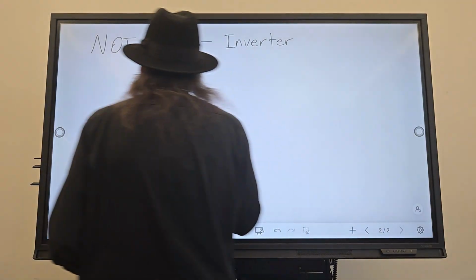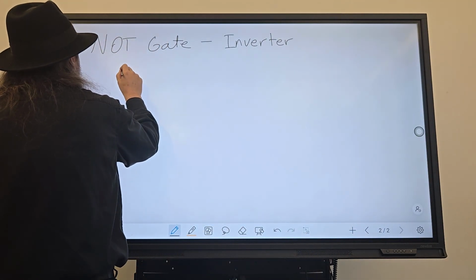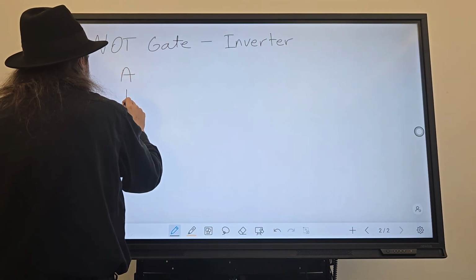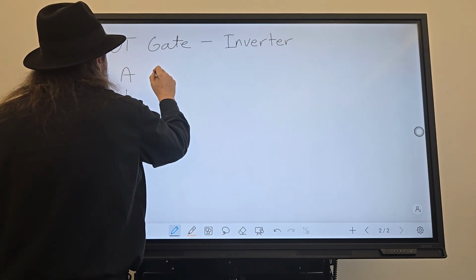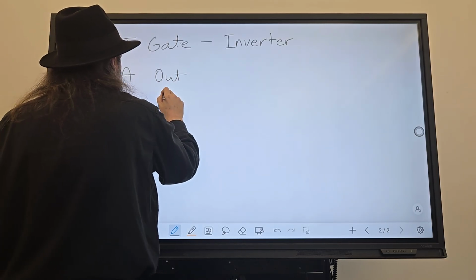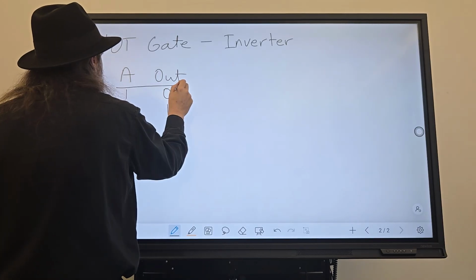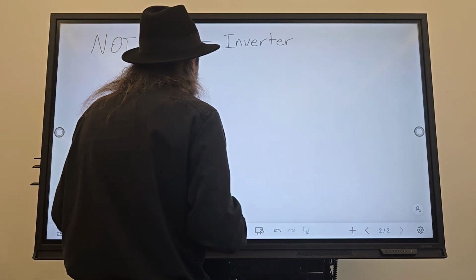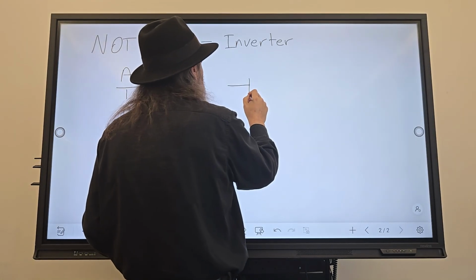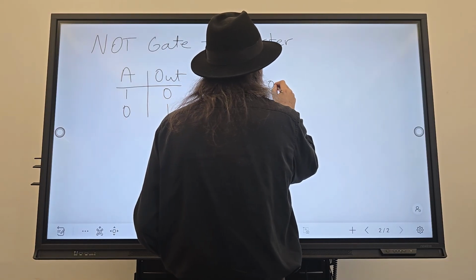The NOT gate has the truth table, like so. And has a symbol, a triangle with a bubble on it.